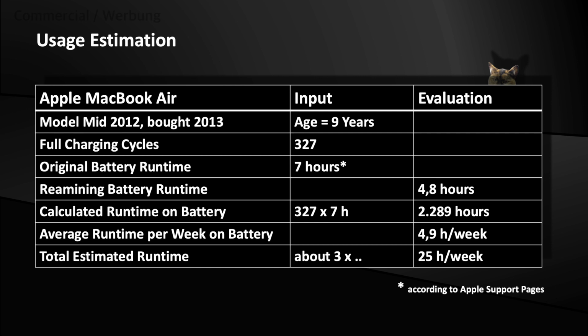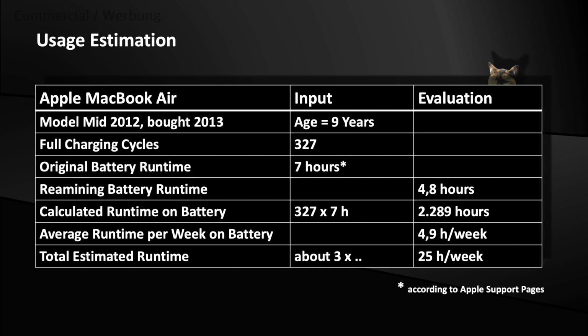I'm looking forward to the great performance and the almost endless battery runtime. Now, how could the battery survive the 9 years of usage in good shape? Well, on average, I used my MacBook Air only about 20% of the time running on battery.